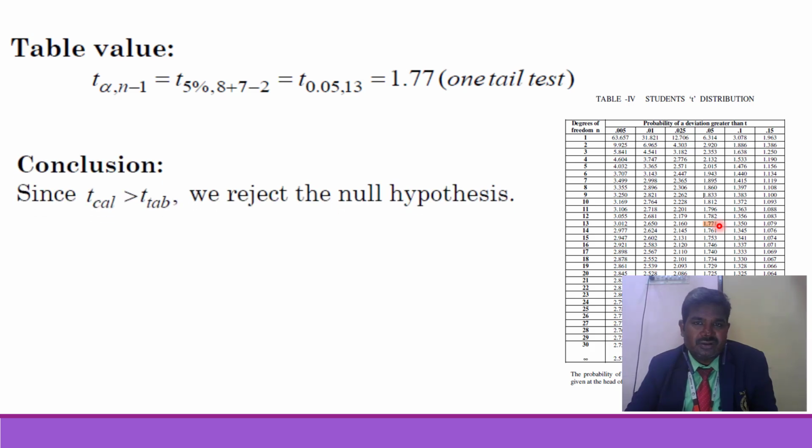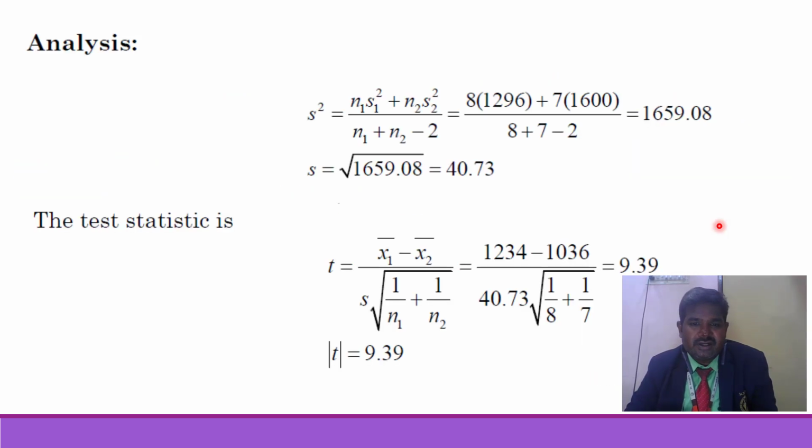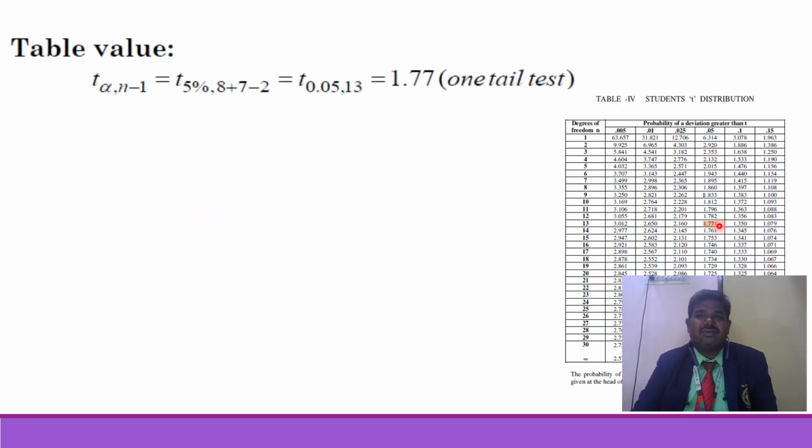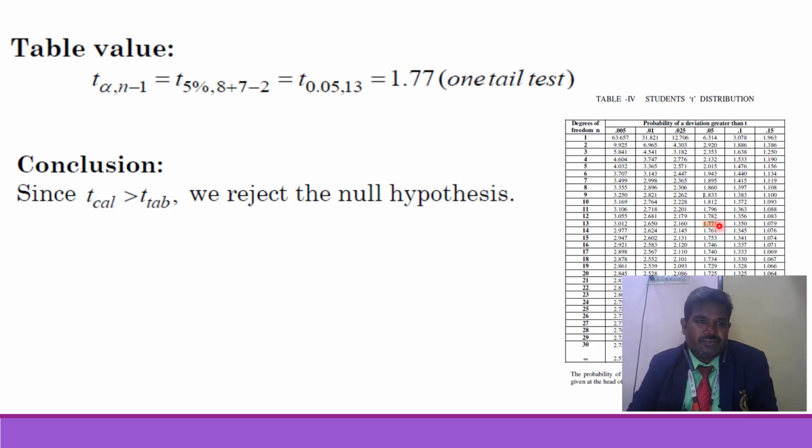Now we can get the conclusion. Our calculated value is 9.39, but the table value is 1.77. So our calculated value is greater than the table value, therefore we reject the null hypothesis. This is the conclusion. So we accept the alternative hypothesis H1.